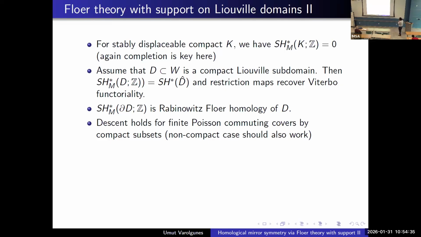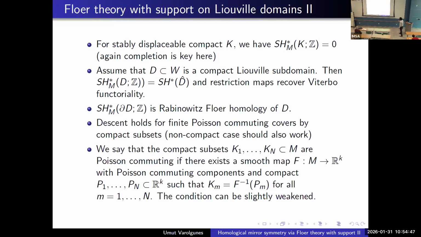But in the compact case, I have a finite cover by compact sets. When can I recover the invariant of the union from the invariants of the pieces, the intersections, the maps between them, and so on? You can do it when these subsets in question are Poisson commuting, which you could say in this way. You should have a smooth map from M to R^k.